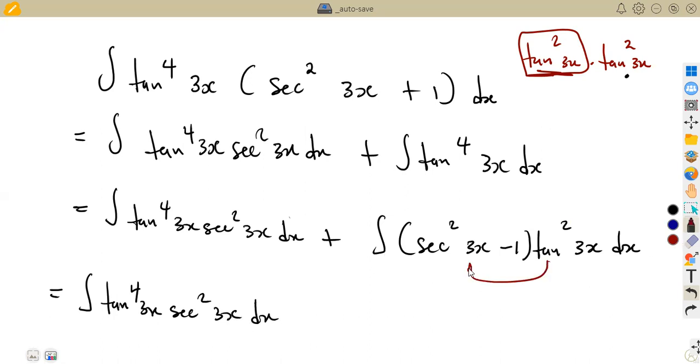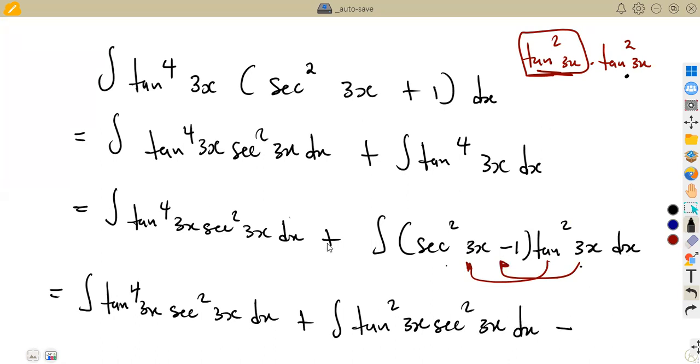So this time tan is multiplying inside of this, so that will be plus the integral of tan to the exponent of 2, 3x sec squared 3x with respect to x. Plus and minus gives us a minus. So it's minus the integral of 1 times tan, which is tan squared 3x with respect to x.